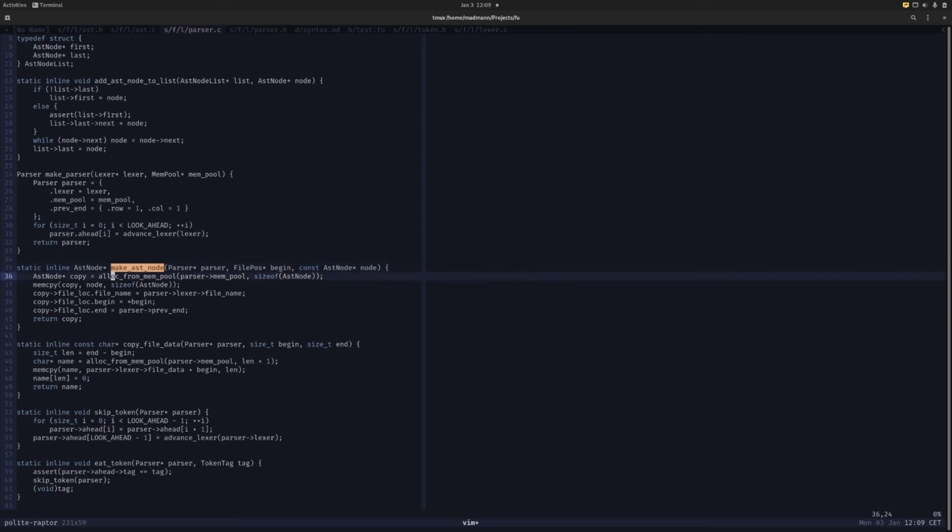If I go back here, it's just a function that allocates an AST node, copies the argument, and then sets the file name of the location and the position in the file such that the AST node is written to start at the position indicated by begin and end at the position where the parser ended before parsing the last token.